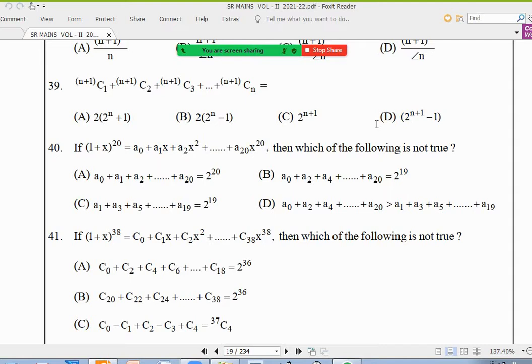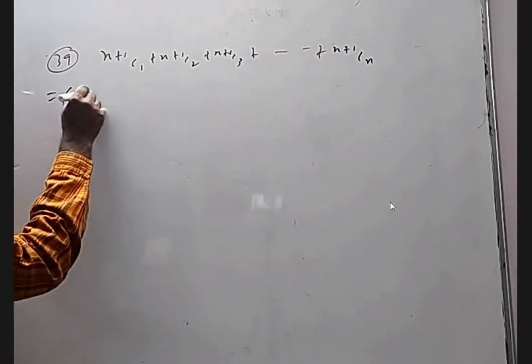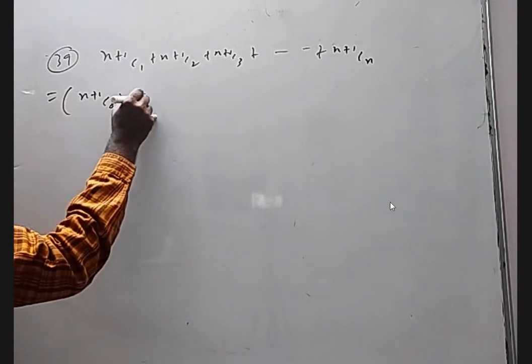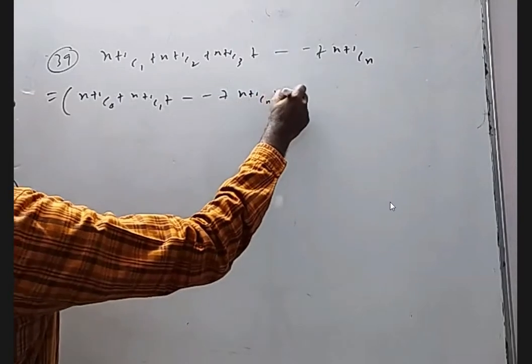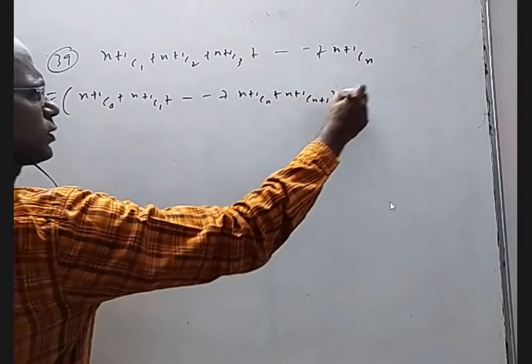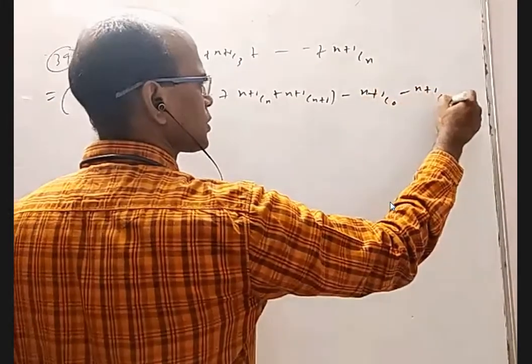N plus 1 C1 plus N plus 1 C2 plus N plus 1 C3 so on up to N plus 1 Cn. Everything is there except the first and last. So I can simply add N plus 1 C0 plus N plus 1 C1 so on up to N plus 1 Cn plus N plus 1 C(n+1), minus N plus 1 C0 minus N plus 1 C(N plus 1).